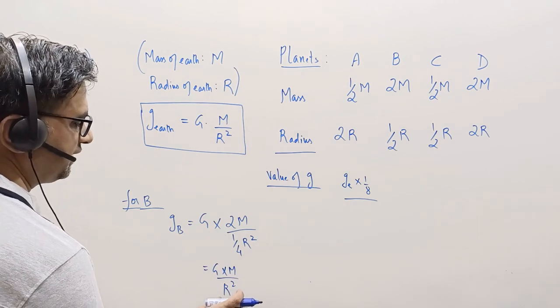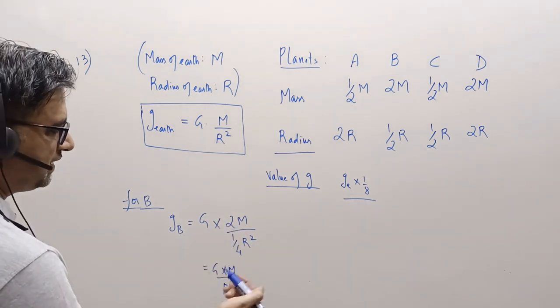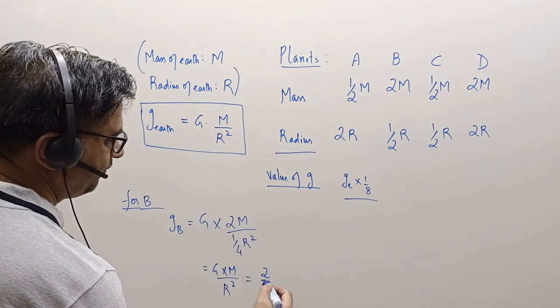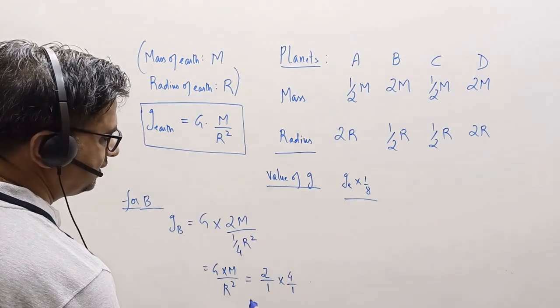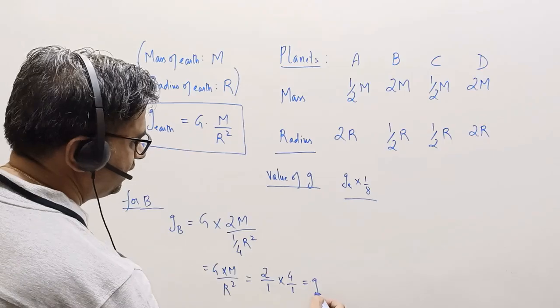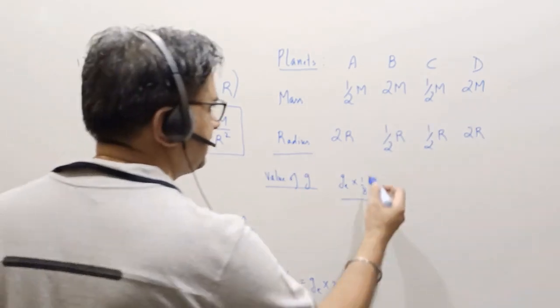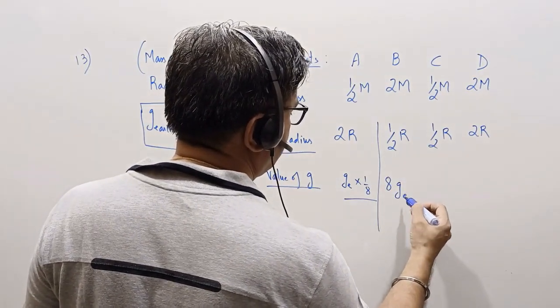This is the value of the acceleration due to gravity on Earth. So we have taken these factors out. We'll see how much the remaining comes to. So this will be 2 by 1 into 4 by 1. So this comes to the acceleration due to gravity on Earth multiplied by 8. So this is 8 times the acceleration due to gravity on Earth.